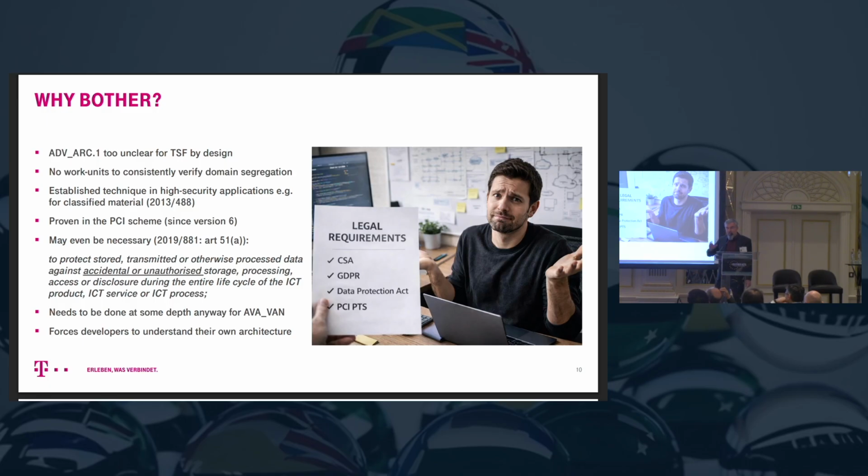But this is internal to common criteria, and we are here talking about the European Cyber Act, where common criteria is probably a very important building block, but it's not all of it. But actually, something like asset flow analysis is an established technique in high security applications, especially for classified material.